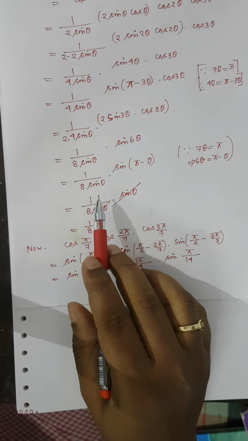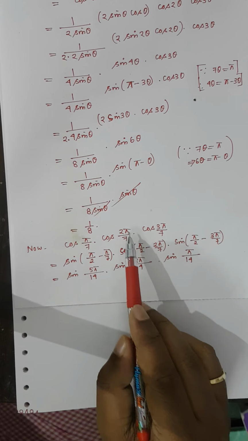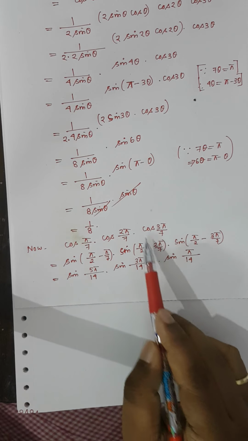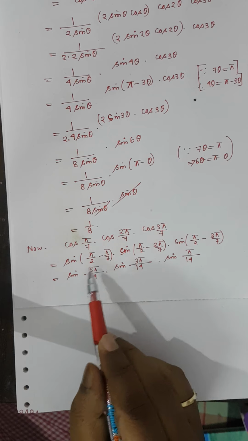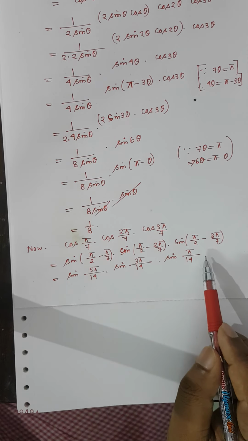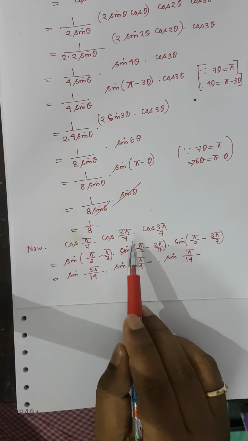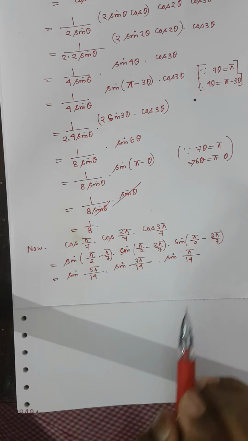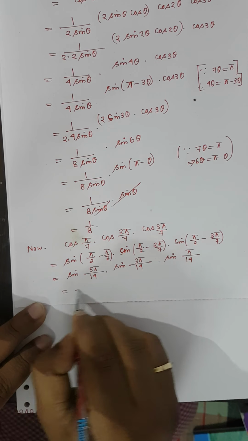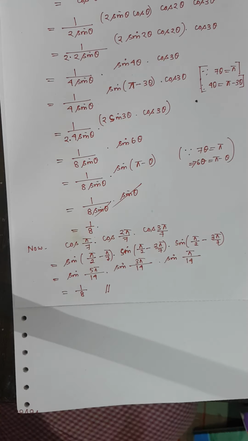So I have proved that cos pi by 7 into cos 2 pi by 7 into cos 3 pi by 7 is equal to sin pi by 14, sin 3 pi by 14, sin 5 pi by 14, and the value of cos pi by 7 into cos twice pi by 7 is equal to 1 by 8. So the value will be equal to 1 by 8. Hence they are equal.